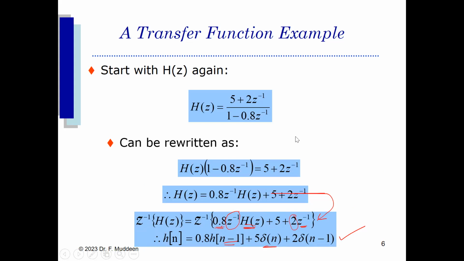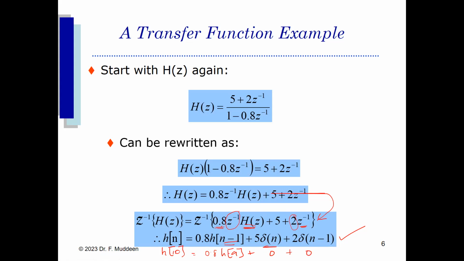So for instance, if I wanted to calculate h[10], h[10] will be 0.8 h[9] plus, well, delta[n] doesn't exist apart from n equal to 0, and this one doesn't exist apart from n equal to 1.